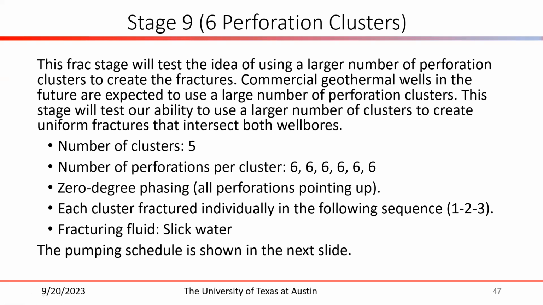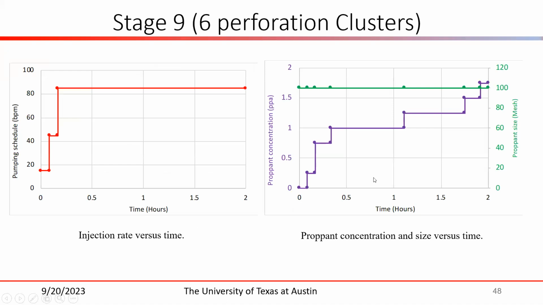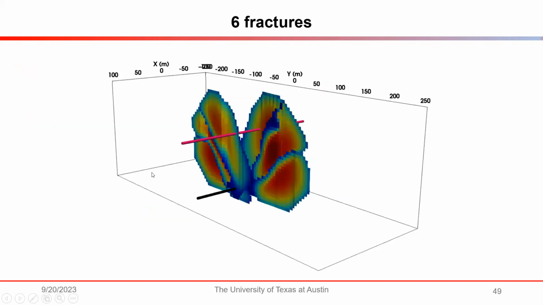We also tried a case with 6 perforation clusters, where you have 6 perforations in each cluster. So 6-6-6. And the pumping schedule had a higher rate. And so you're ramping up the rate to a higher value.